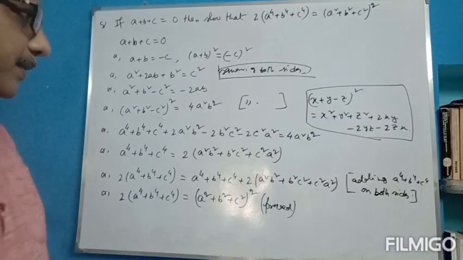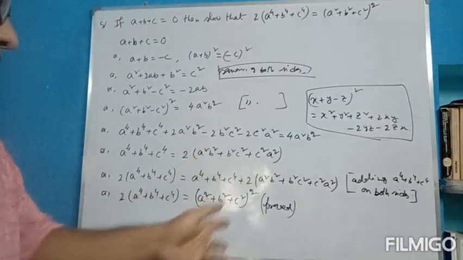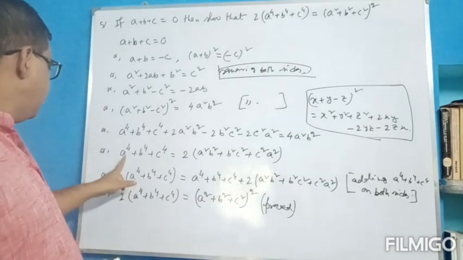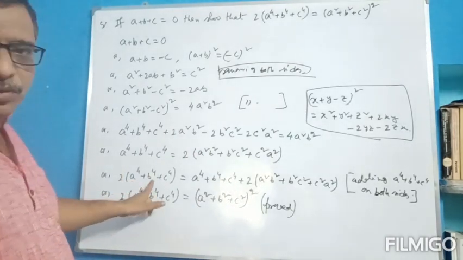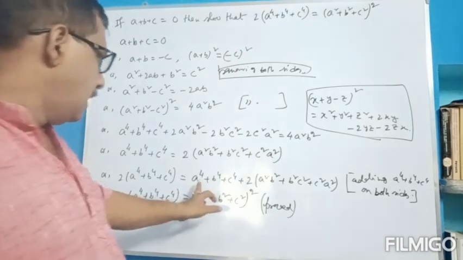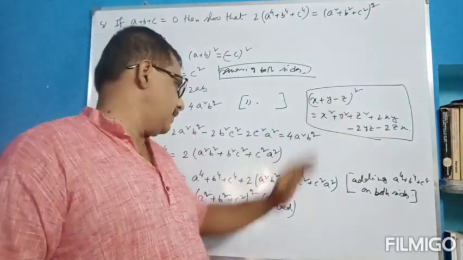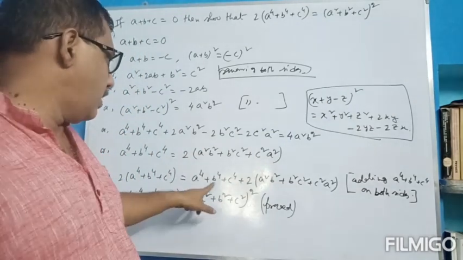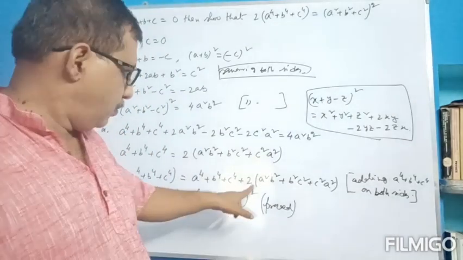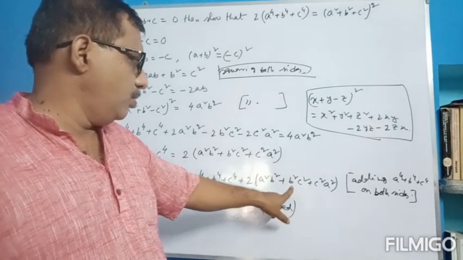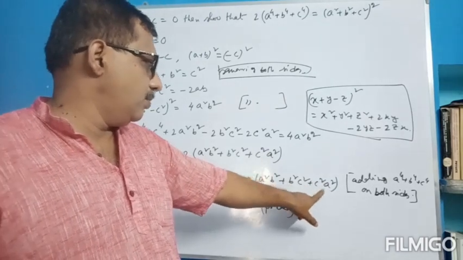If we add a to the power 4, b to the power 4, c to the power 4 on both sides, then you get twice of a to the power 4 plus b to the power 4 plus c to the power 4, and this is nothing but the formula of x plus y minus z whole square: a square whole square, b square whole square, c square whole square, 2 into a square b square plus 2 into b square c square plus 2 into c square a square.